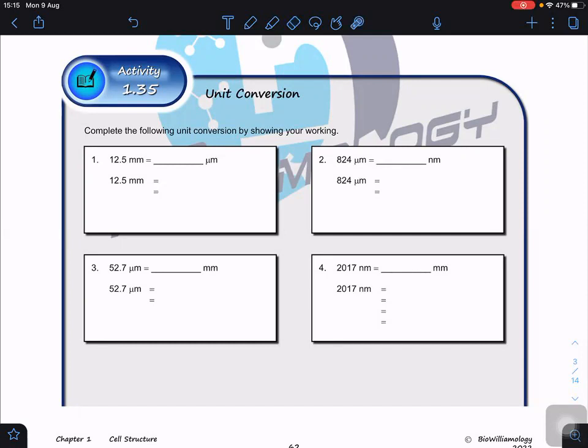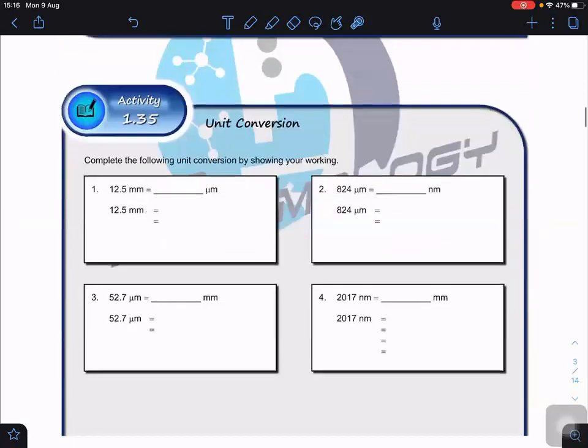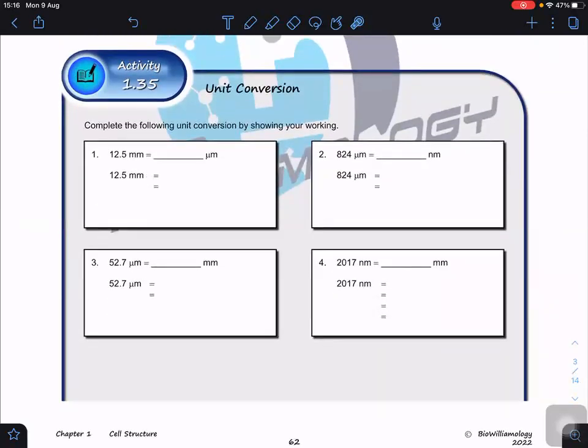For example, in question 1, you want to convert 12.5 millimeter to micrometer. From the chart here, millimeter to micrometer, we multiply by 1000. Correct or not? Correct. But you cannot straight away show me the final answer. The question wants you to show how you convert.